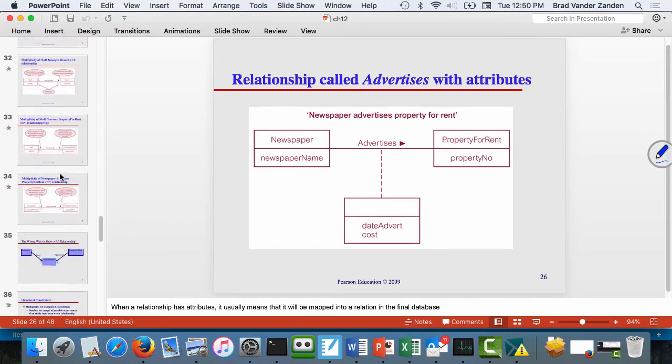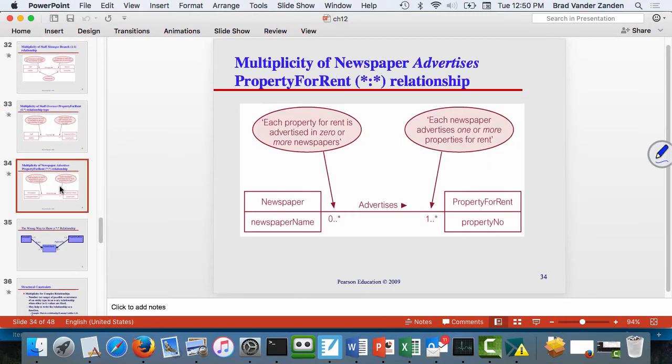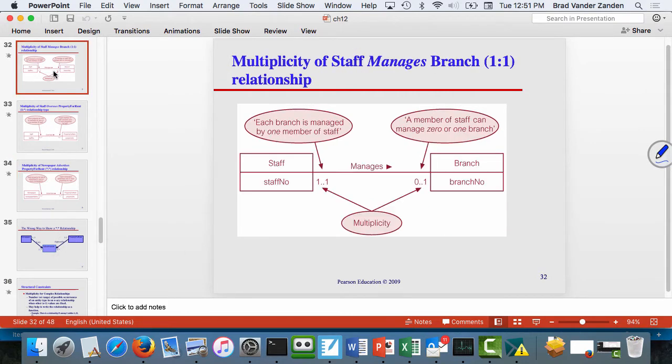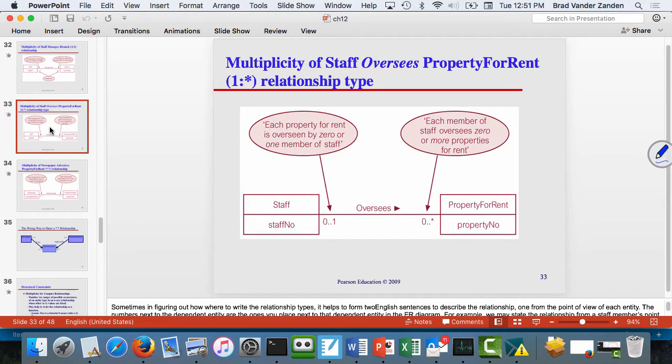So binary relationships are the easiest ones to come up with. And we already did that for that one. Here's another one. This is staff oversees property for rent. A staff member may be assigned to 0 or many properties to manage. Conversely, a property may be managed by 0 or 1 staff.